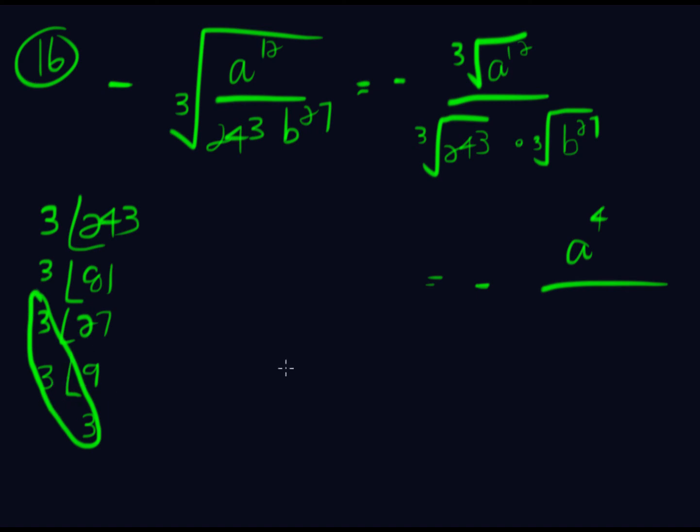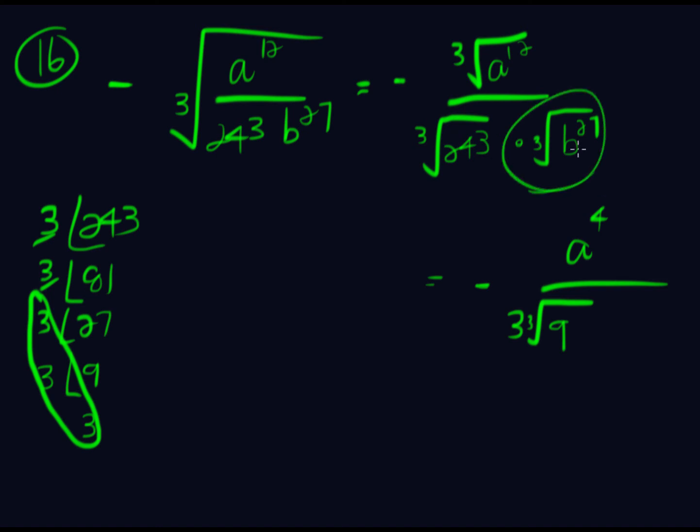And I would bring that 3 outside of the radical once. And then I would multiply the remaining numbers that don't repeat 3 times together. And so 3 times 3 is 9. So 3 cube roots of 9 is the same thing as the cube root of 243.